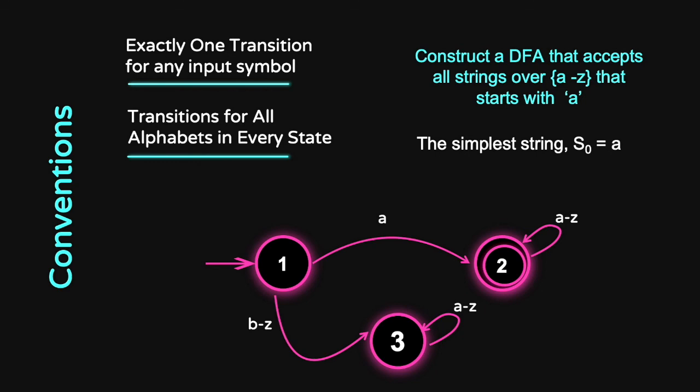So in state 3, regardless of the input, we can always say the string is not accepted as we reached it reading a non-A symbol at the beginning of the string. Hence, we have a self loop in state 3. Similarly, in state 2, we are also having a self loop. This is because once we reach state 2, we can assure the string is going to be accepted.